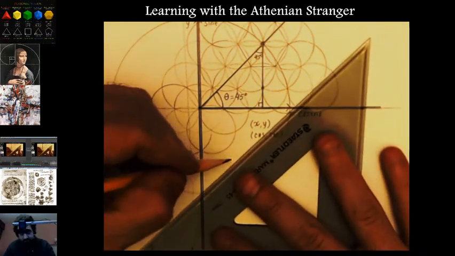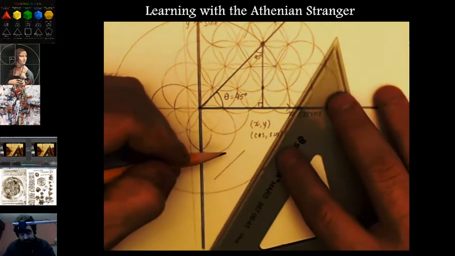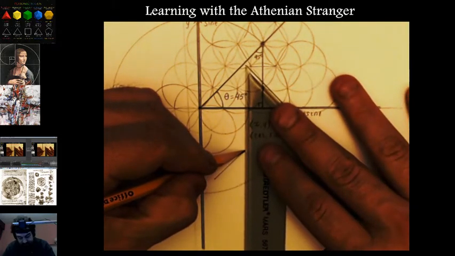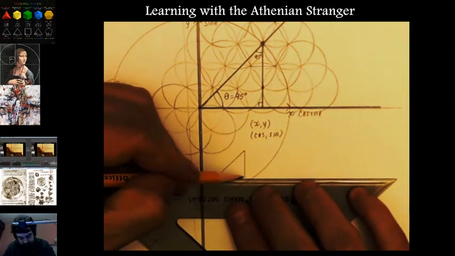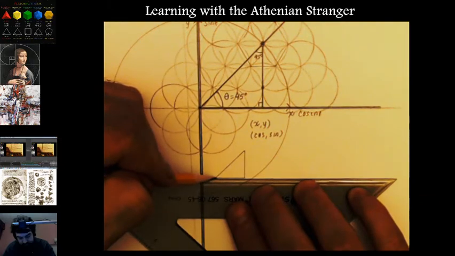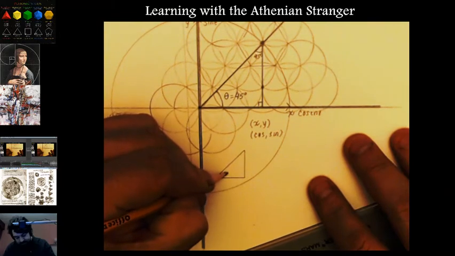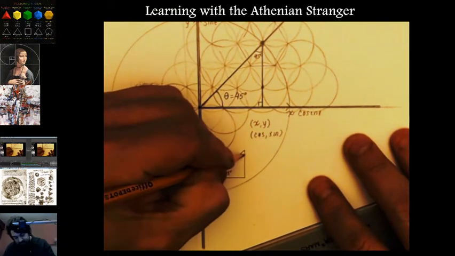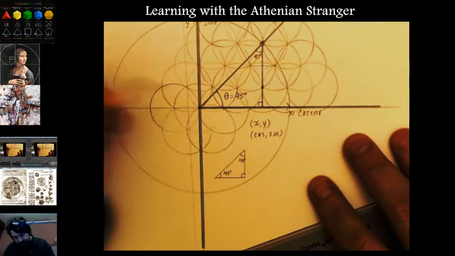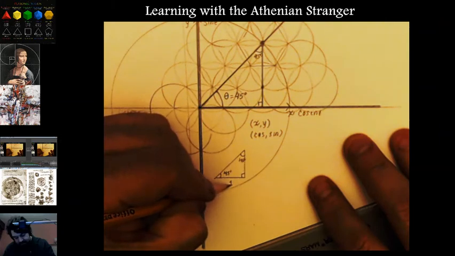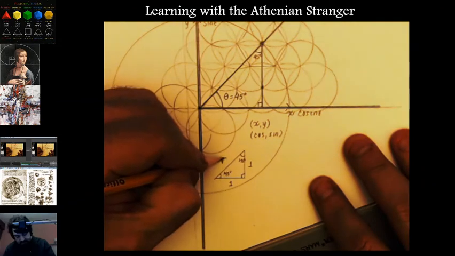I'll just quickly draw one that isn't intended to be geometrically perfect, but it will show the proportions. If this is a 45, 45, 90 triangle, then this side length is 1, this side length is 1, and this side length is the square root of 2.